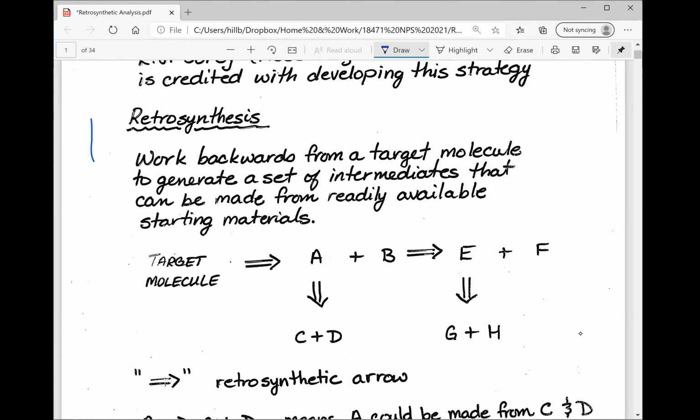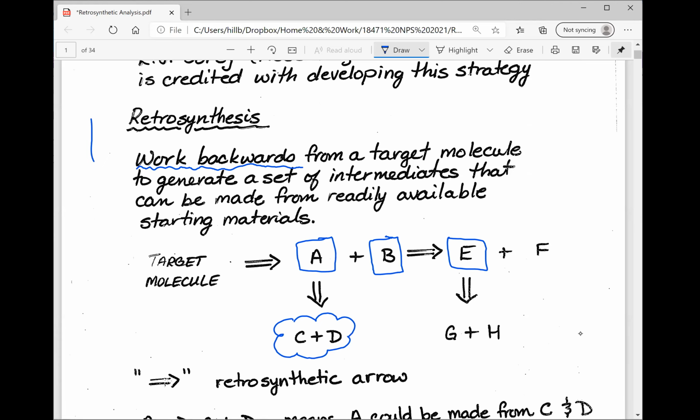The key point is that you work backwards from your target molecule, and in doing so you generate a series of intermediates that can be formed from either other intermediates or simple starting materials.